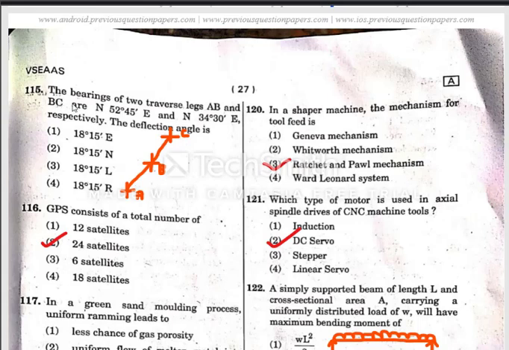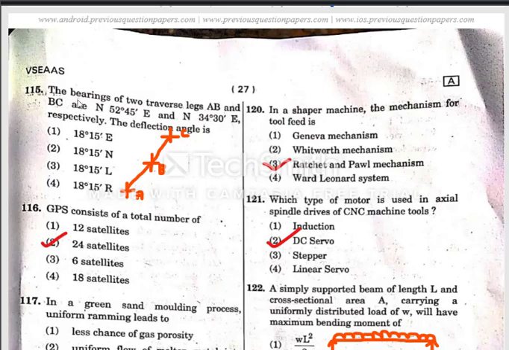And the next question, the bearings of two transverse legs AB and BC are north 52 degrees 45 minutes east and north 34 degrees 30 minutes east respectively. The deflection angle is.